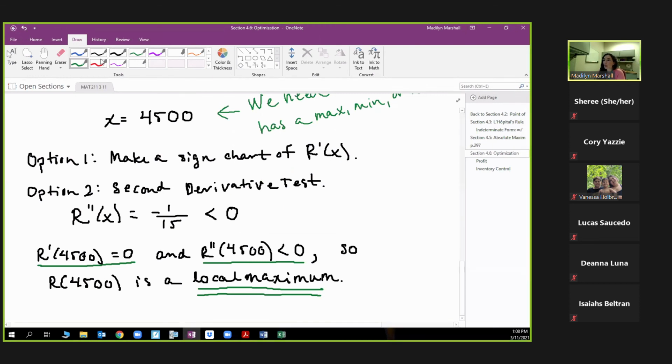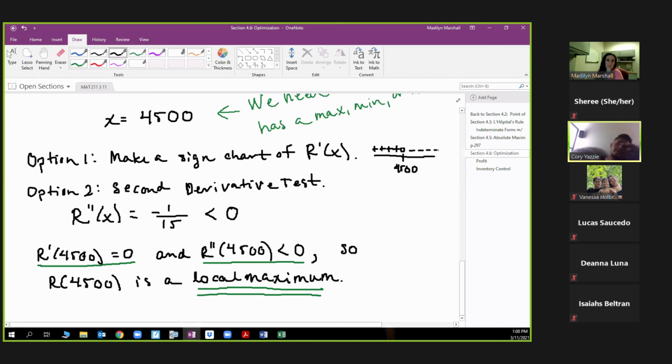This is something we could have done with a sign chart. If we made a sign chart, we would have found that r prime was positive and then negative, and we could also see that that was a local maximum that way. So either one of these you can do.